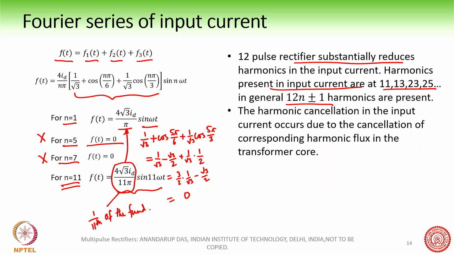You should also note that the harmonic cancellation in the input current occurs due to the corresponding harmonic flux in the transformer core. Basically the cancellation of harmonics is happening in the transformer core only, because that is where all these currents and the corresponding fluxes are getting added up, and some of these harmonic fluxes cancel each other, and that is why the input current does not contain these harmonics.